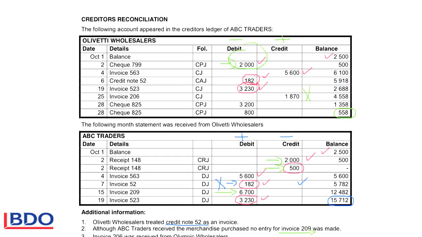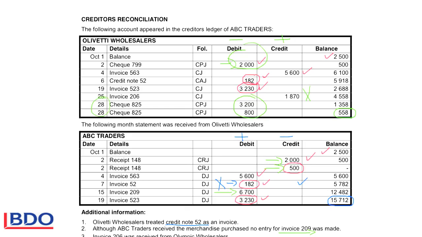Okay, so if we look at the creditors ledger, we see that there's two entries here that don't appear in the books of Olivetti Wholesalers. The 3,200 and the 800 is not here. Now, if we look at the dates, on which date were these checks issued?